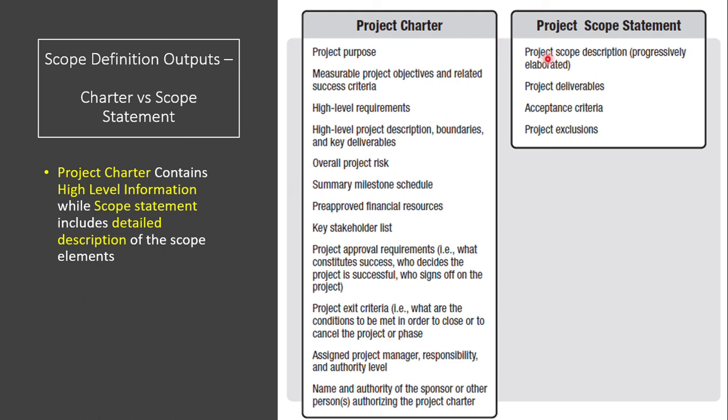So this is at a high level, but now we are ending up with a project scope statement, which is more detailed and more progressively elaborated. That means things have been elaborated and detailed out. Here it will clearly say these are the deliverables, these are your prime acceptance criteria on which UAT will be signed off, and these are your project exclusions.